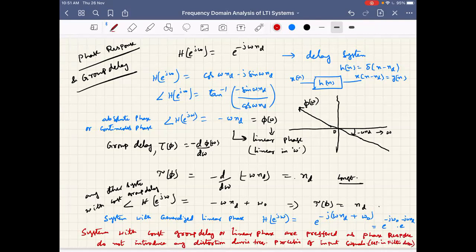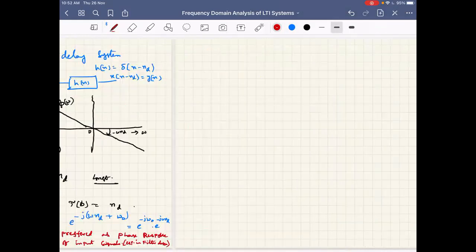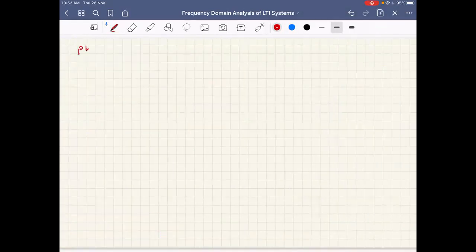Okay, fine. So now let us see how will be the phase response for the all pass system. Okay, so what is the all pass system? How is general all pass system defined?